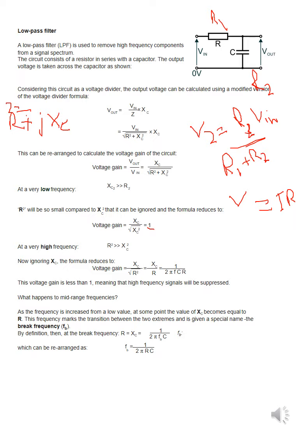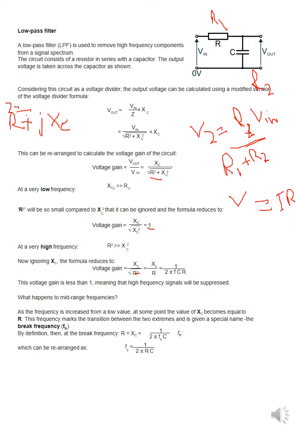At very high frequencies, we can say R square is greater than Xc square. So this part will be reduced to R square only, and root of R square will be R. So then it will be equal to 1 upon 2 pi FCR. The voltage gain is less than 1, meaning that high frequency signals will be suppressed.